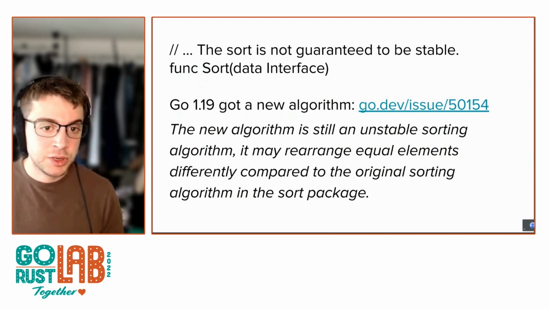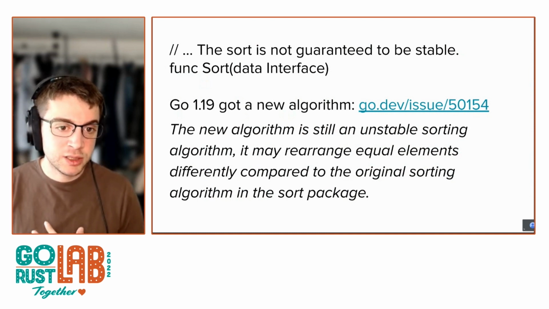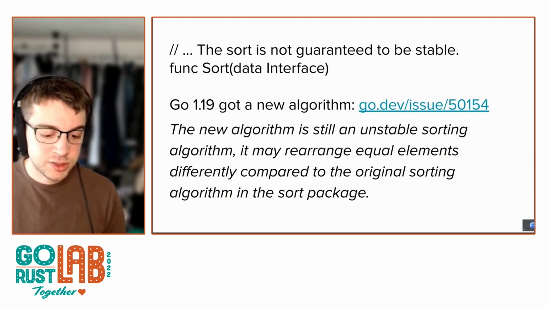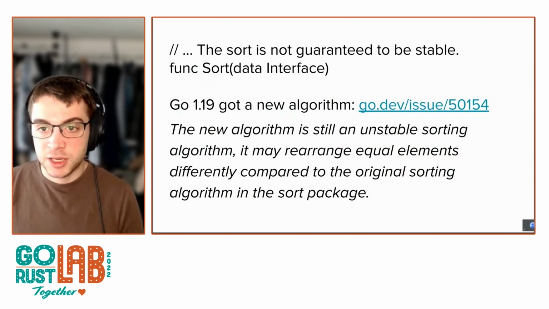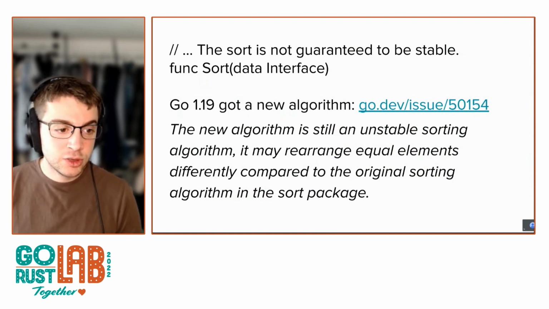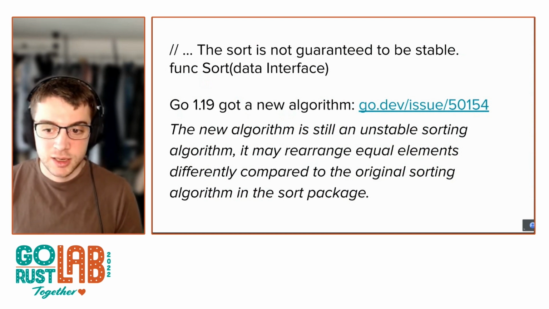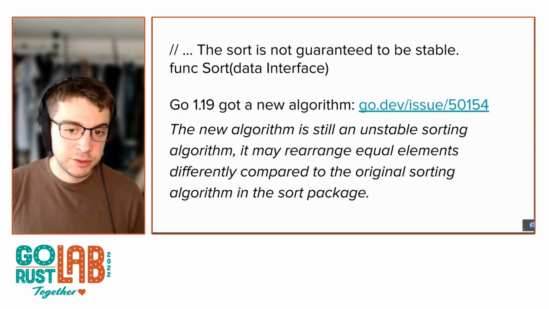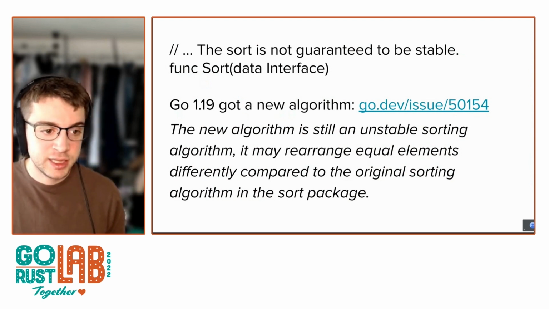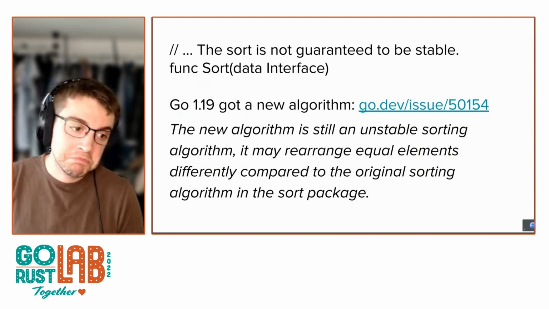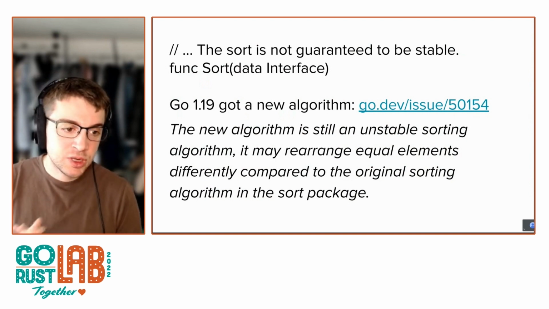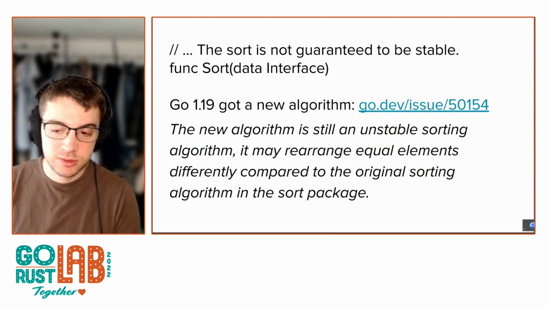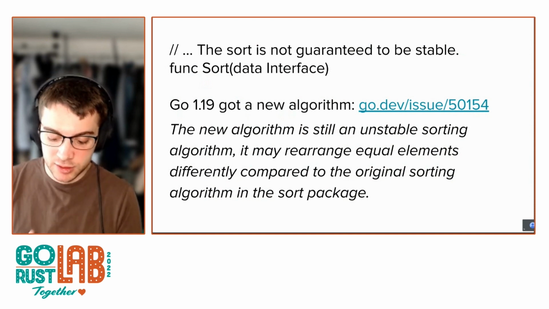Another option could be only randomize if we built with the race detector on, because the race detector already randomizes some other things. You could think of an environment variable to turn on the randomizing. Or you could do it by default, and then you would surely break quite a few users like 1.19 did, but then you wouldn't break anybody ever again. So I think any of those options is better than not doing anything. So hopefully something will happen.